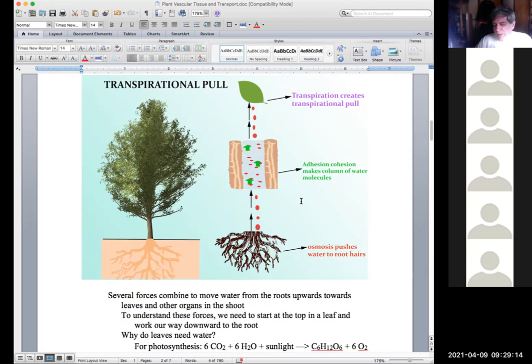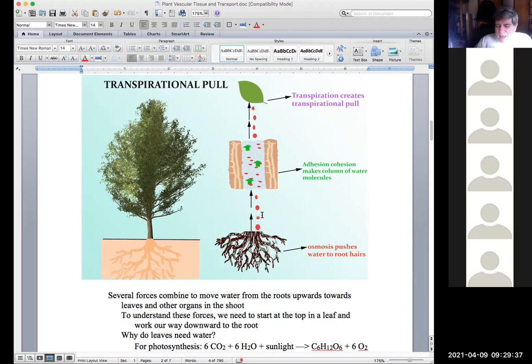Those are going to be important as the water moves upward. So the water moves out of the plant by transpiration. It moves upward in the plant by adhesion and cohesion. And water is absorbed in the root by osmosis. At least there's one thing here we're vaguely familiar with.